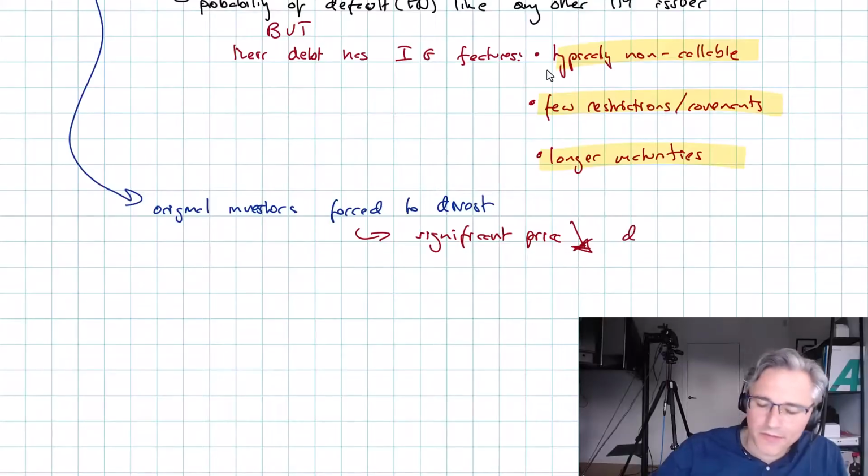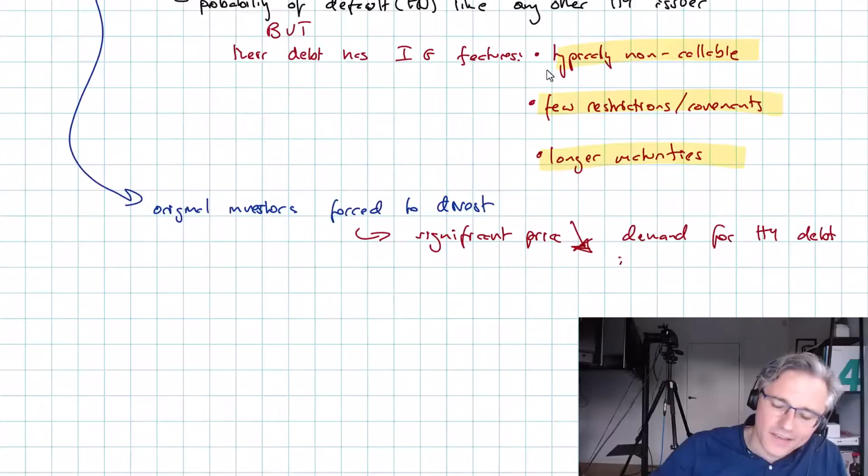simply coming from the fact that demand for high yield debt is much lower than demand we see for investment grade debt.